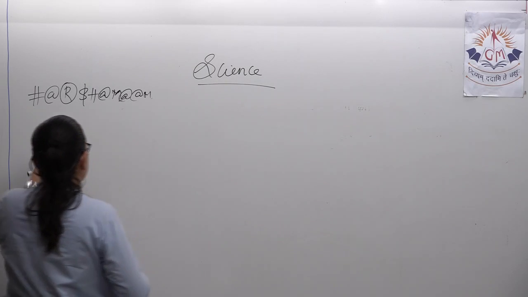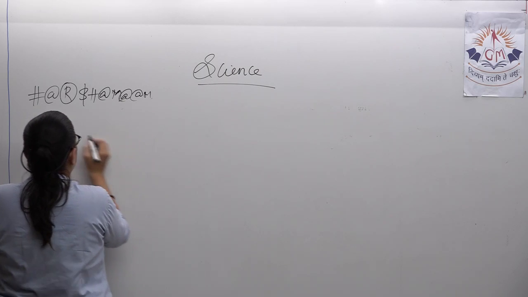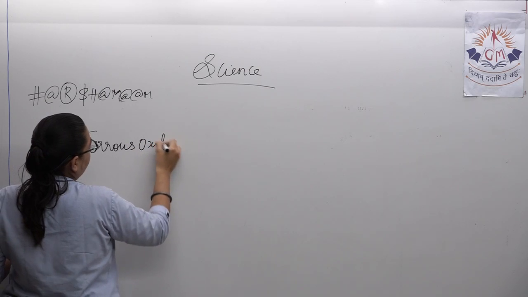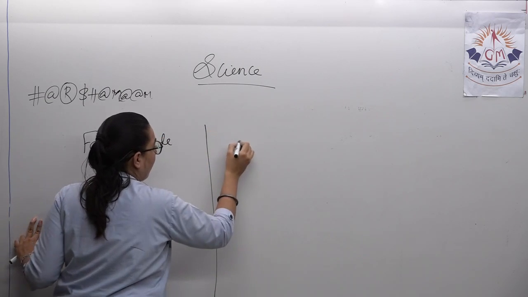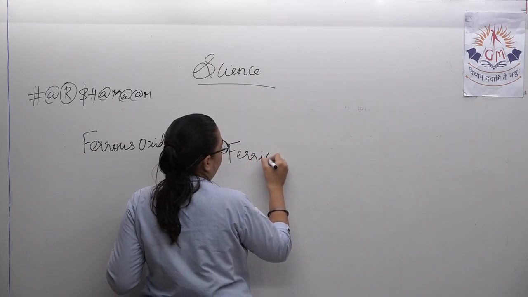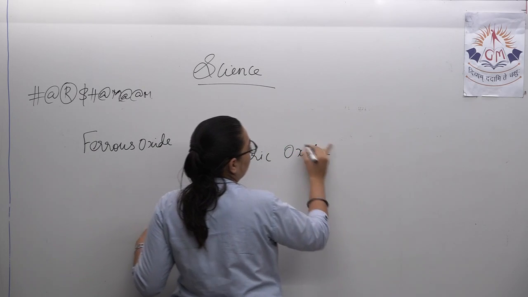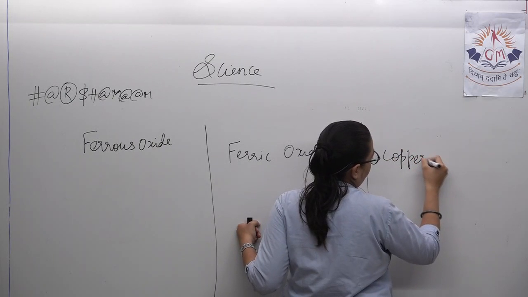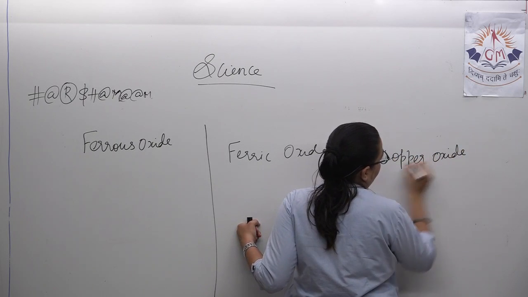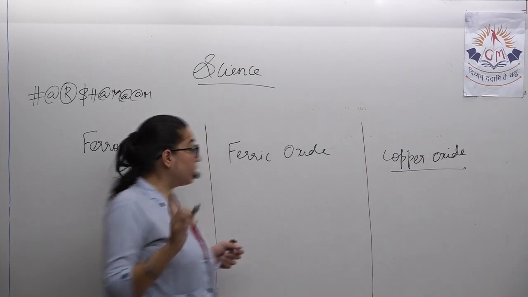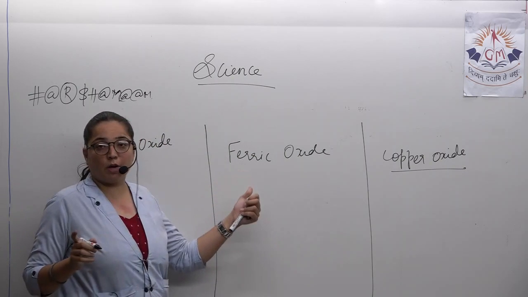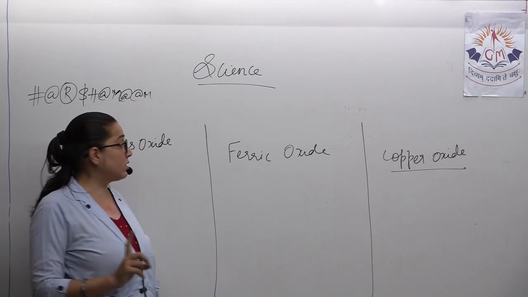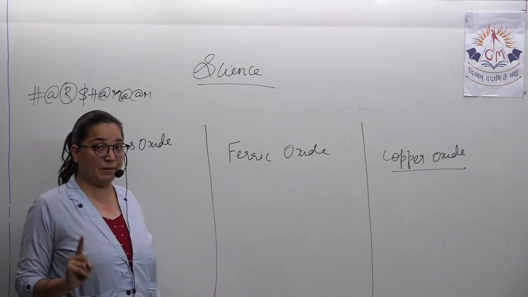For example, ferrous oxide, ferric oxide, and copper oxide. I'm going to talk about ferrous oxide and ferric oxide. There are some particular elements that have variable valencies.